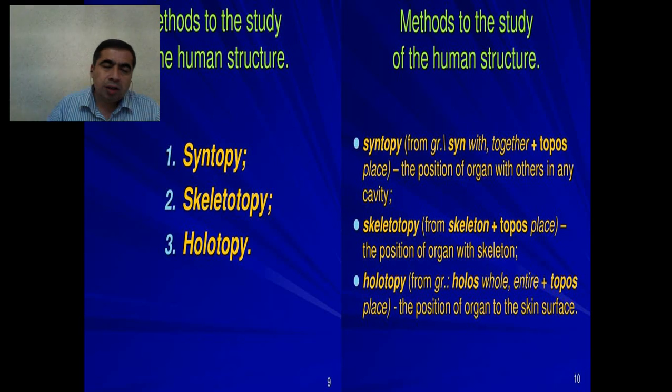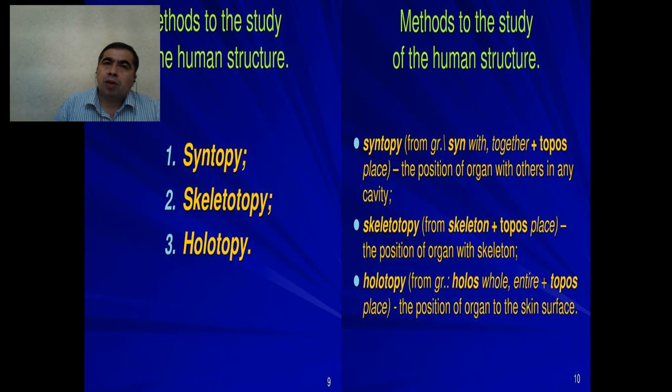And the syntopy, for example, of the stomach: the anterior part mainly is in contact with the left lobe of the liver, or the fundus or fornix of the stomach is in contact with the spleen.